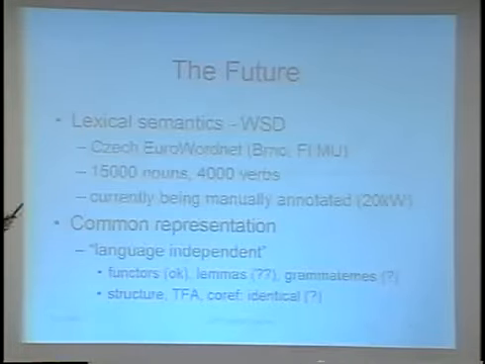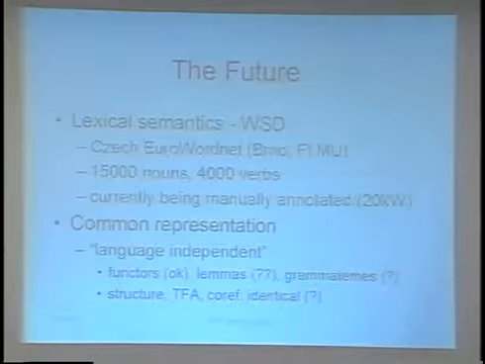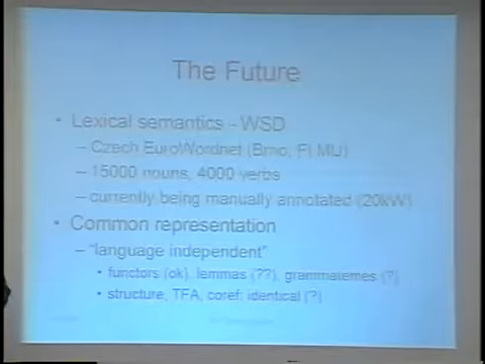So we are using the WordNet for Czech. That's part of the EuroWordNet, which is a collection of languages that's linked to the English WordNet. It currently contains only 50,000 nouns and 4,000 verbs, but fortunately they were chosen based on frequencies, so we can cover most of the text. And we have found various problems and are working with the people in Brno who are actually doing the WordNet.